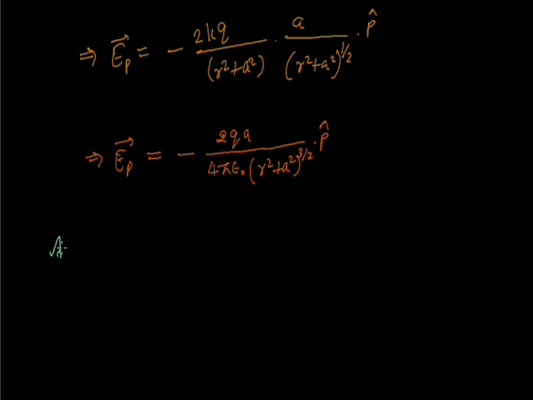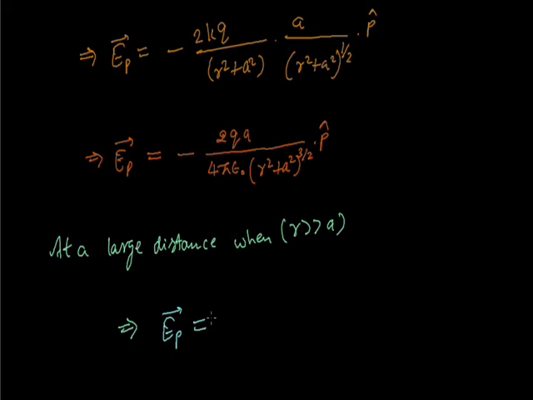Now at a large distance, when r is greater than a, we can write the electric field E P at point P on the equatorial plane of the dipole as E P equal to minus 2qa upon 4 pi epsilon naught r cube, into p cap.